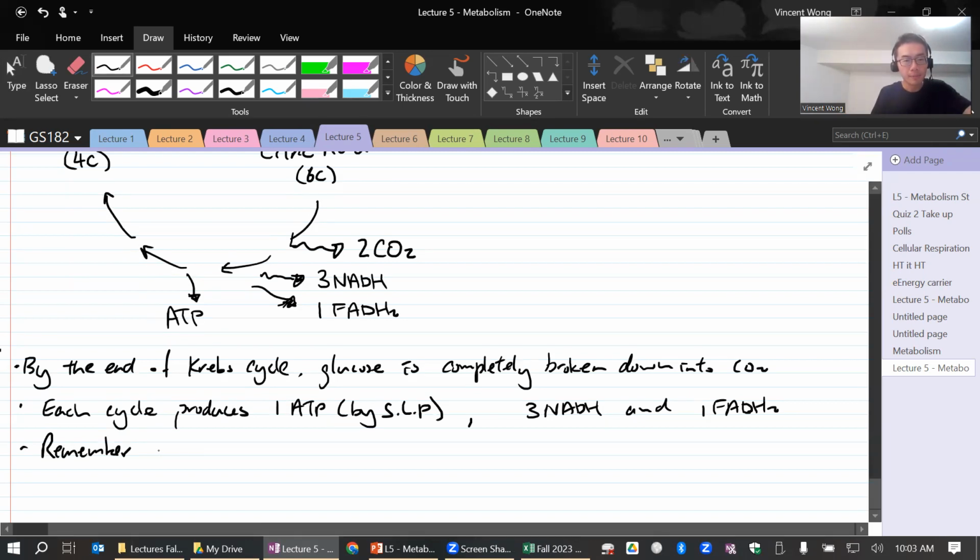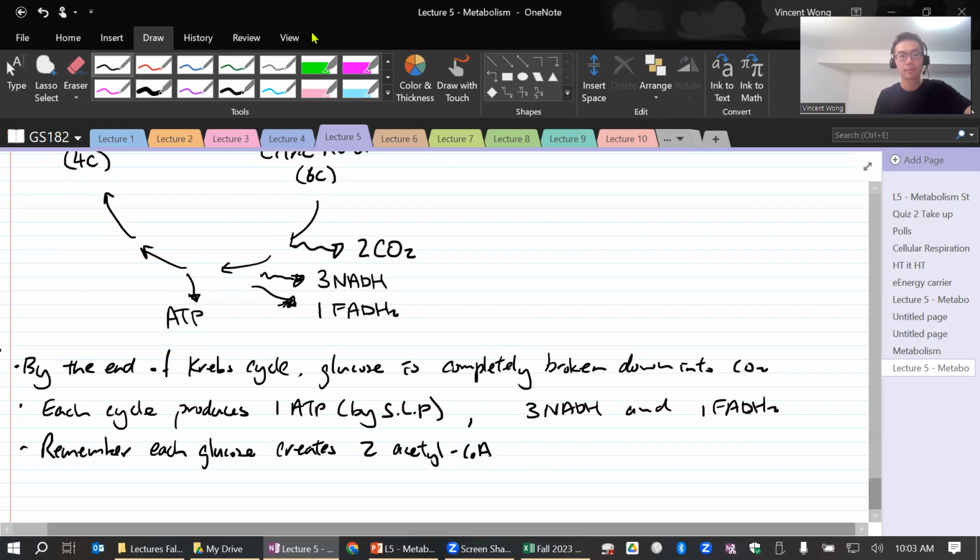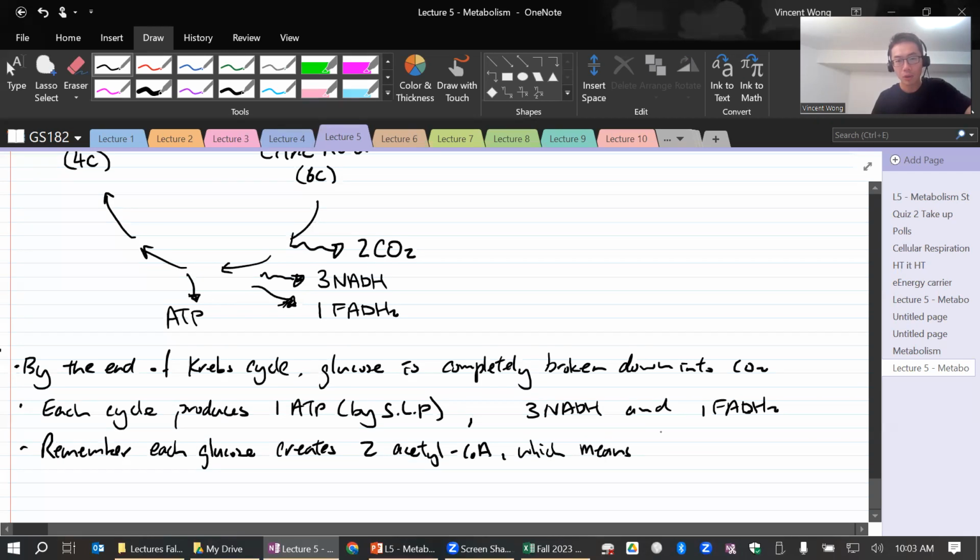Okay, so remember, each glucose creates two pyruvate, which in turn creates 2 acetyl-CoA, which means 2 cycles happen for each glucose.